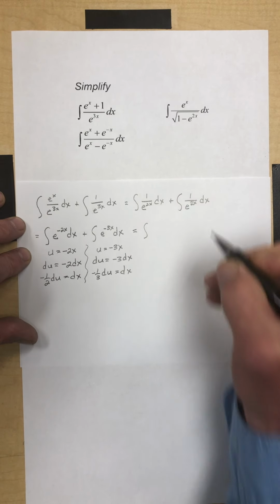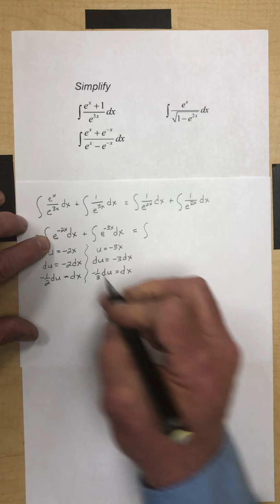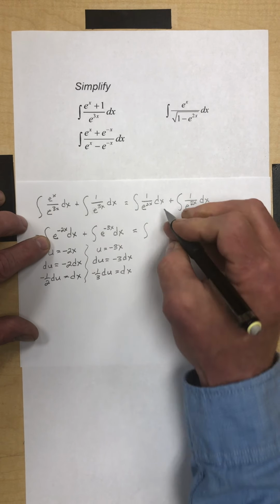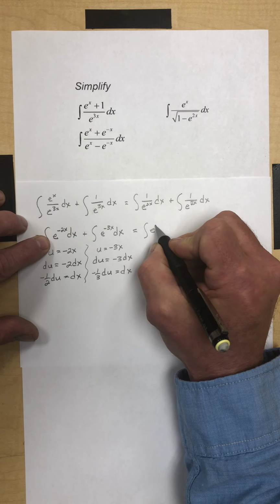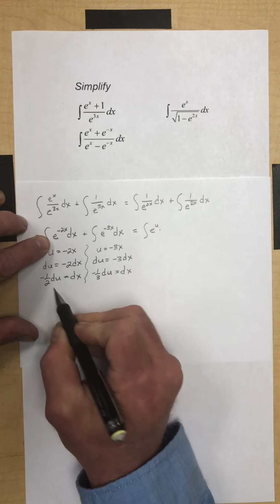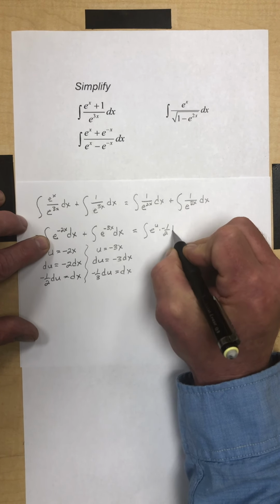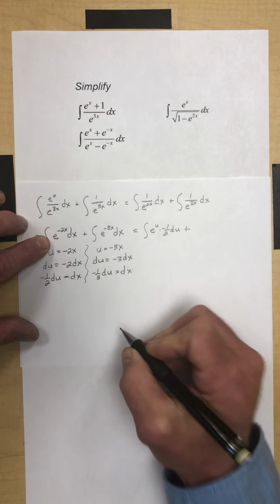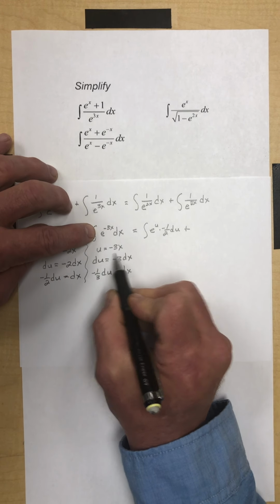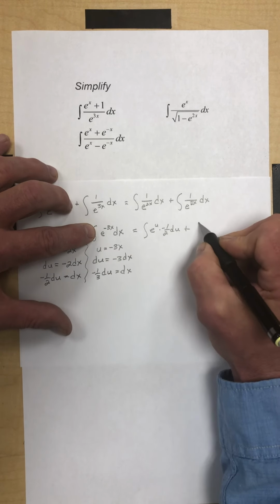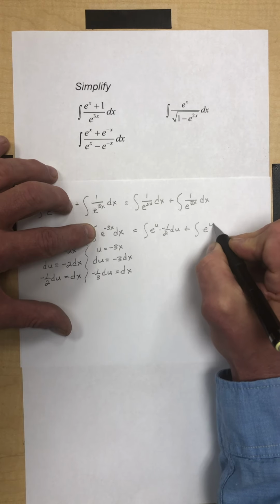So this would be the integral of e to the uth, where obviously u is negative 2x. So e to the uth, and then I get negative 1/2 du. This guy right here, my u is negative 3x, so this would be the integral of e to the uth.